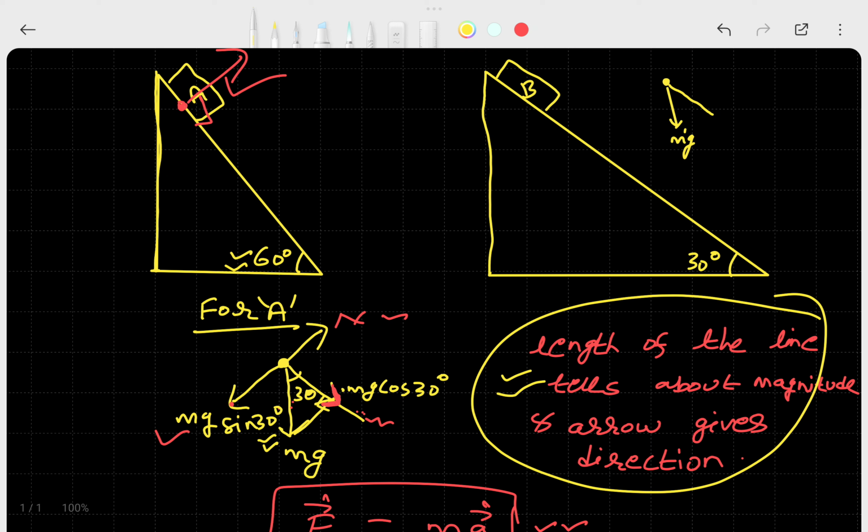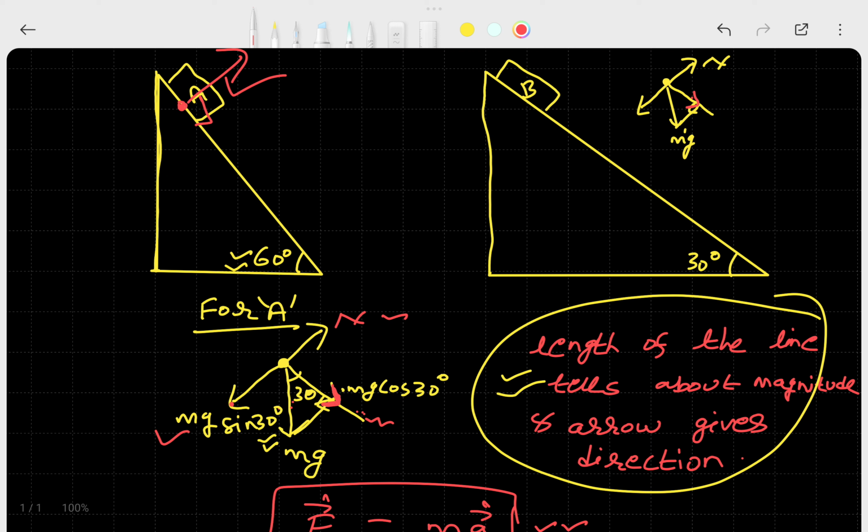So M dash g, this will be a normal, and M dash g, that is the weight of the block B, has two perpendicular components, one down the plane and another perpendicular to the plane.